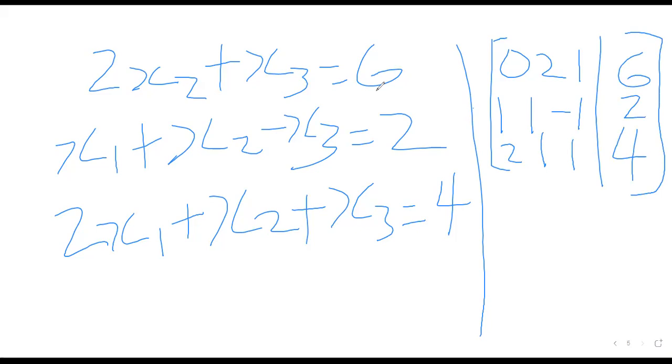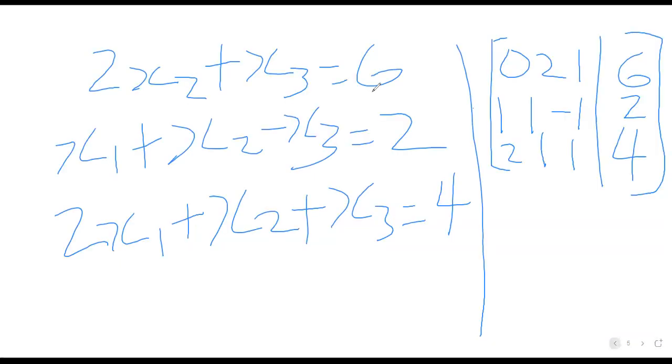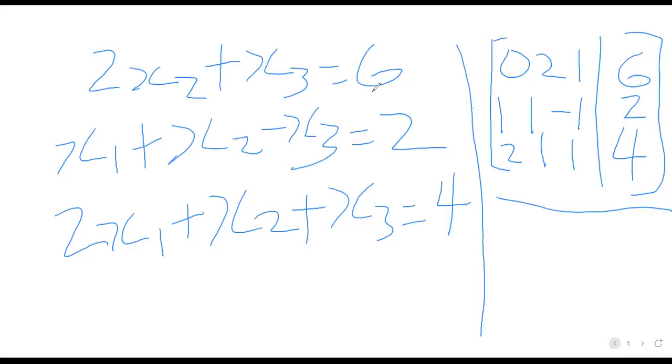So let me call somebody again. This is the equation we are going to work with. 0, 2, 1, 6. And then we have 1, 1, -1, 2. And then we have 2, 1, 1, 4.